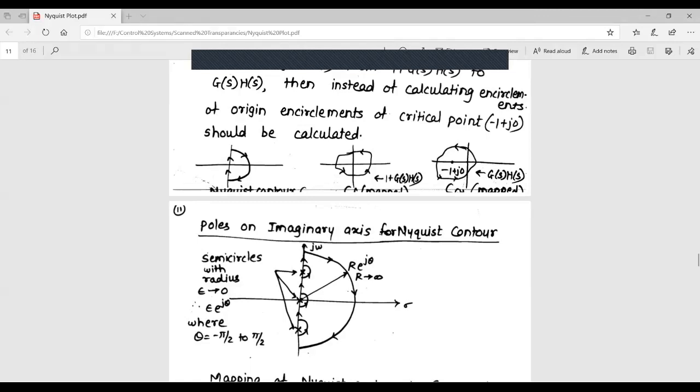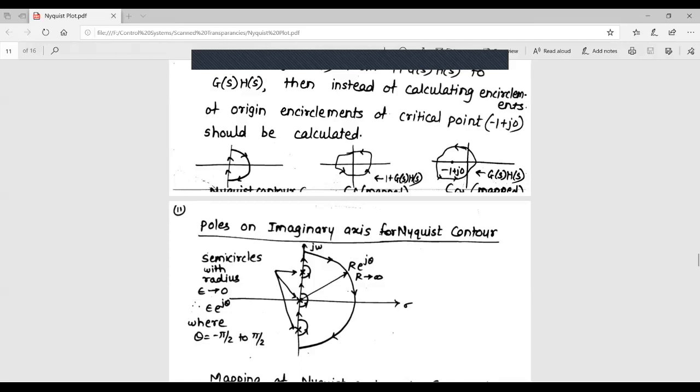So we will try to find out the presence of 1 plus GSHS zeros in the right half of the S-plane. If present, the system is unstable. If absent, the system is stable. Instead of considering 1 plus GSHS as the function, we can consider GSHS as the function f of s, and then we can sketch the Nyquist plot.